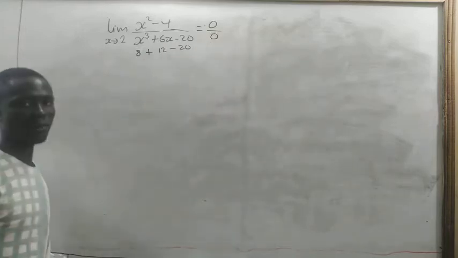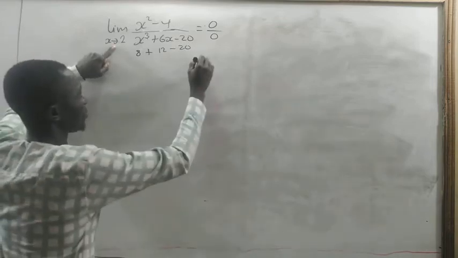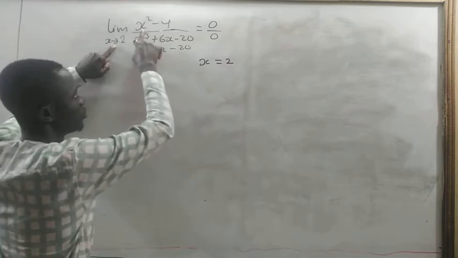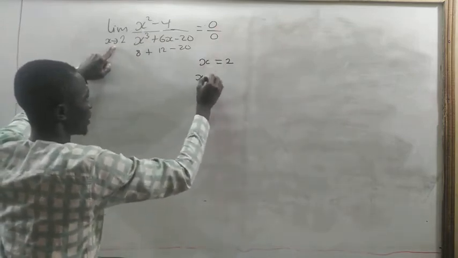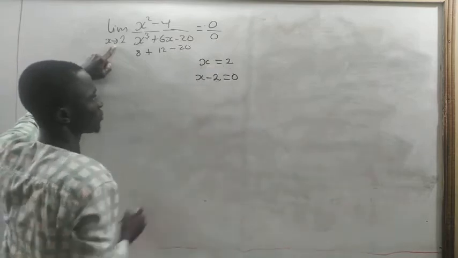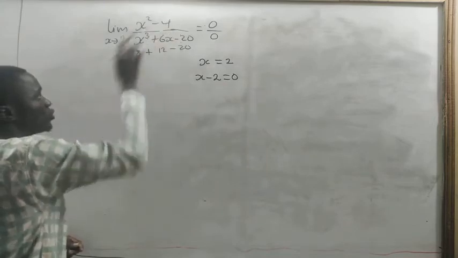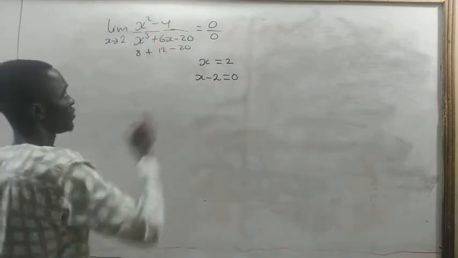So you have 0 divided by 0, which means we have a common factor. So what is that common factor? We have x equal to 2. The numerator will tend to 0 and the denominator will tend to 0. So it means that the common factor is x minus 2. So x minus 2 is common to the numerator and is common to the denominator. So let's figure it out. We've gotten the first factor.